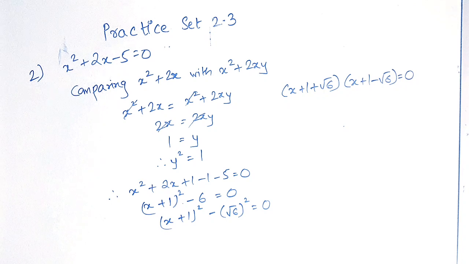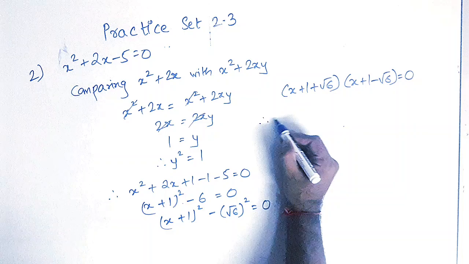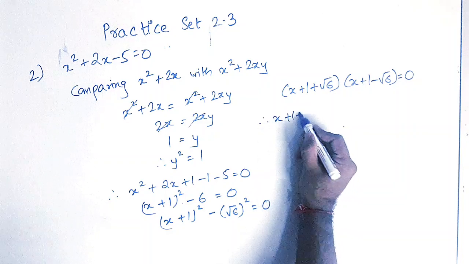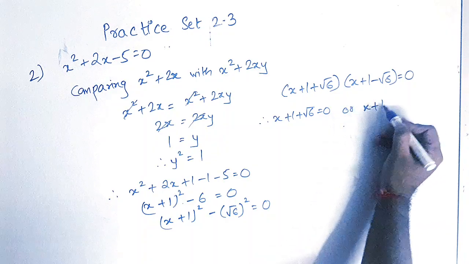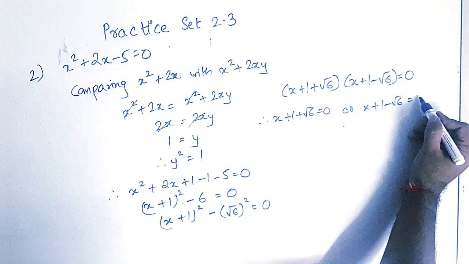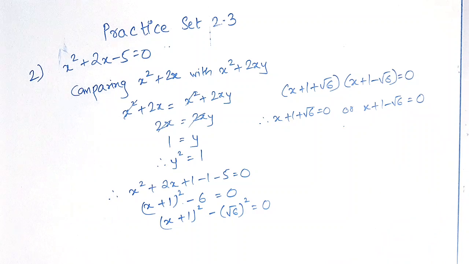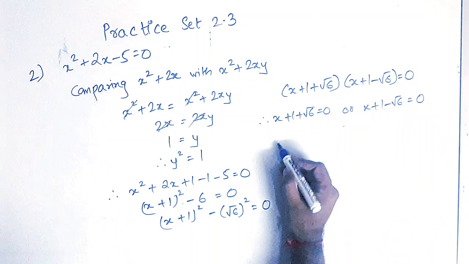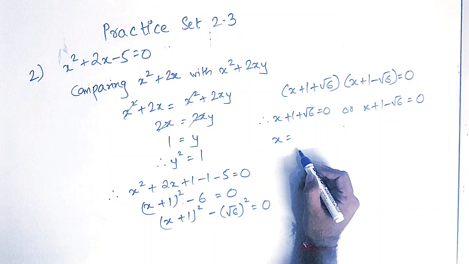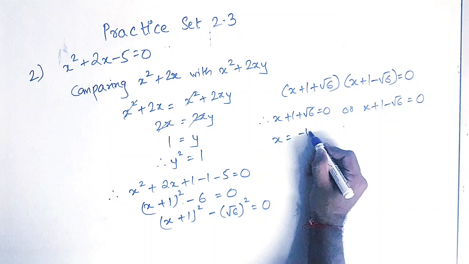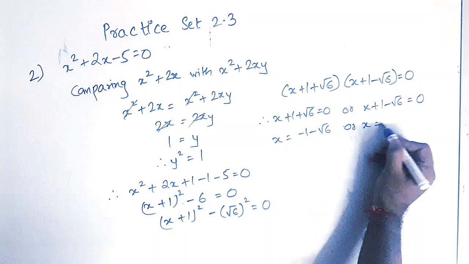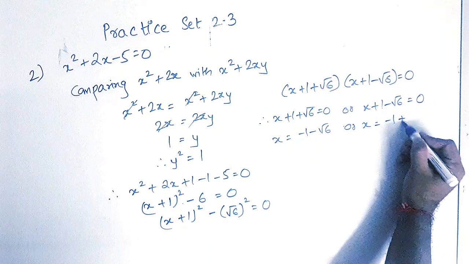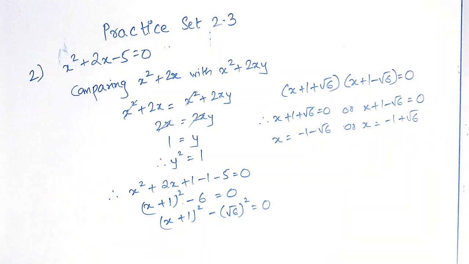So now you can see it is very easy. Therefore x plus 1 plus root 6 equals to 0, or x plus 1 minus root 6 equals to 0. So if I send this whole there, it will become x is equal to minus 1 minus root 6, or x is equal to, here it will be minus 1 plus root 6.